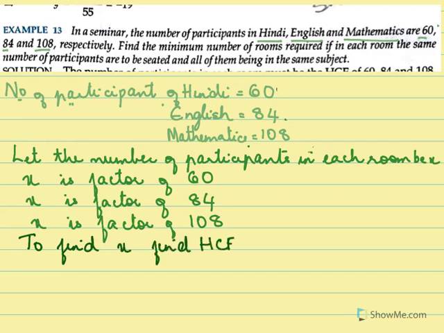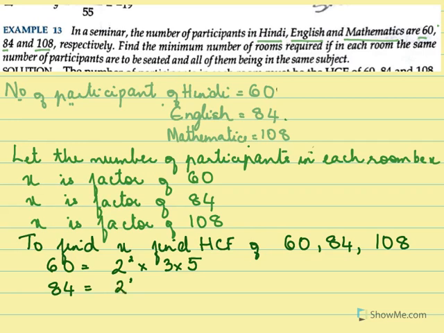Find HCF of 60, 84, 108. So we know 60 is equal to 2 square into 3 into 5. 84 equals 2 square, 3 into 7, and 108 equals 2 square into 3 cube.